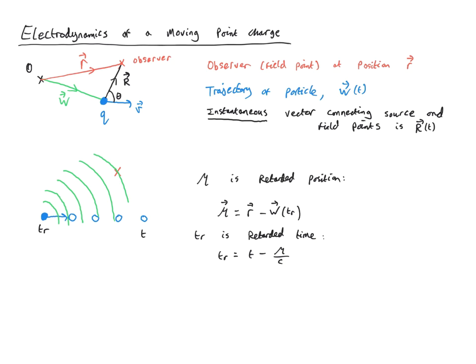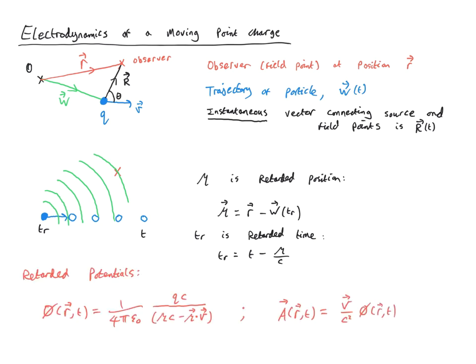So we can plug these expressions into our retarded potentials for the case of a single moving point charge and obtain the retarded potentials. And after quite a bit of lengthy algebra, which I'll spare you, one obtains these retarded potentials. So let's just unpack what's written here.